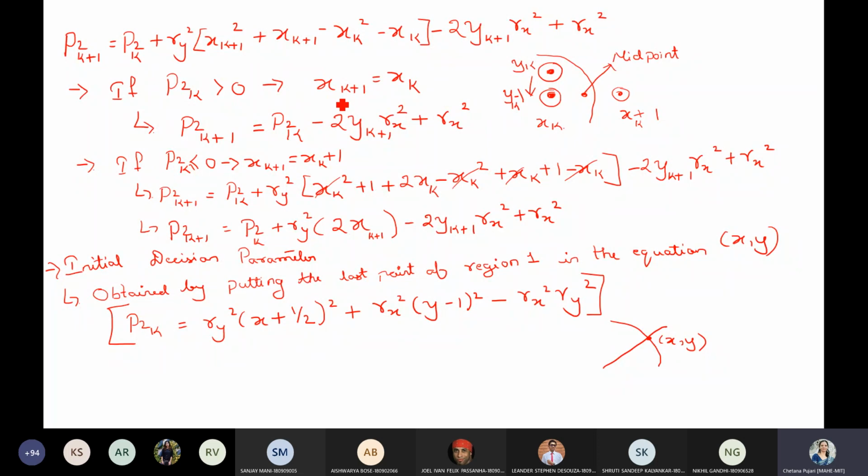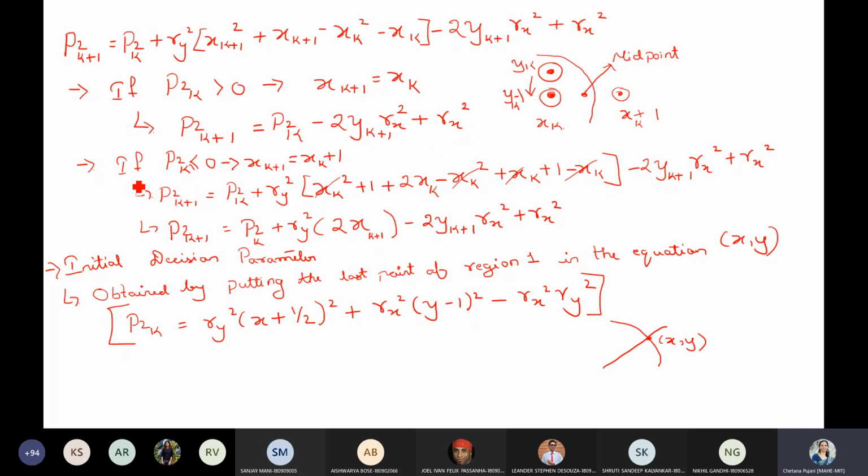Hence, you are going to select x of k plus 1 equal to xk. So in this equation, you are going to substitute wherever you have x of k plus 1 by xk, and then you will end up with this. So P2 of k plus 1 is equal to P2 of k minus 2 into y of k plus 1 into rx square plus rx square. So you will get this.